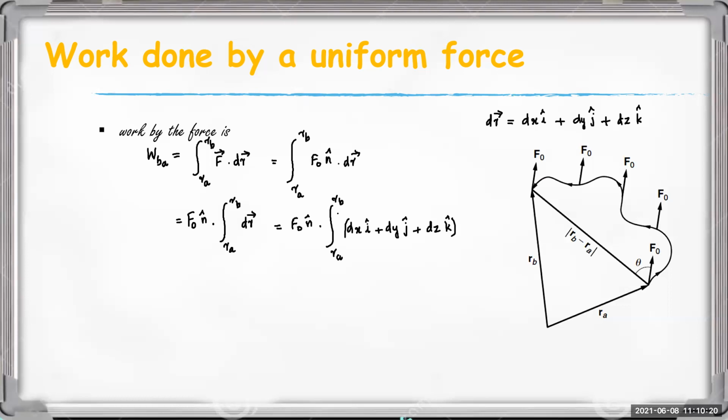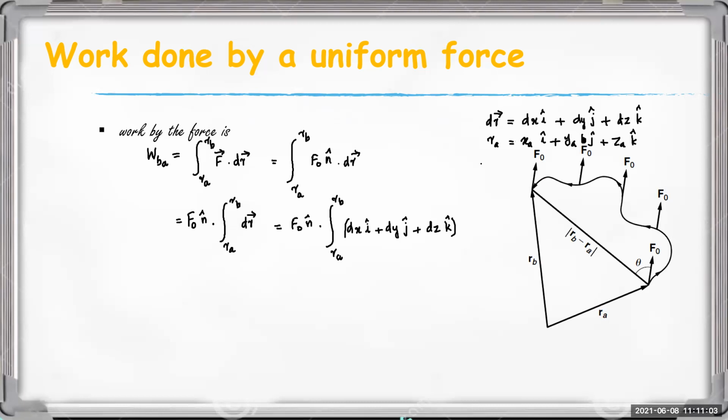And here, another point to be noted is that RA and RB are position vectors. Then what will be RA? The position vector RA must be equal to XA i plus YA j plus ZA k.